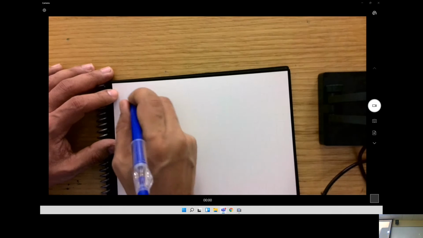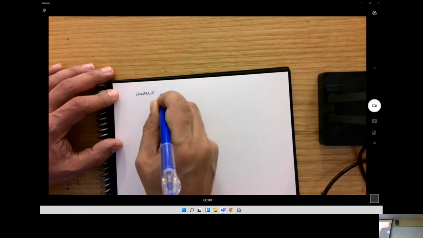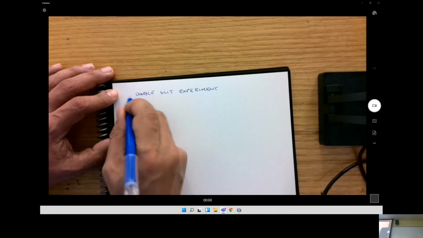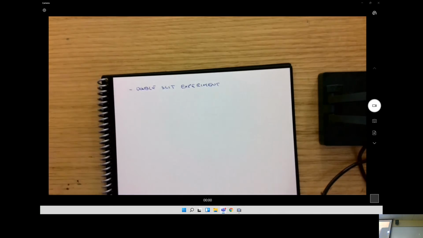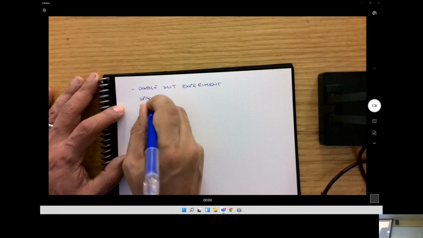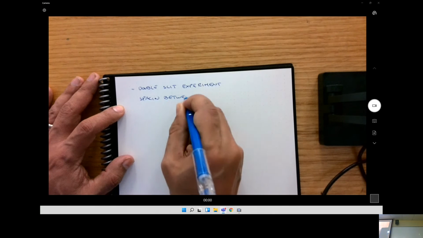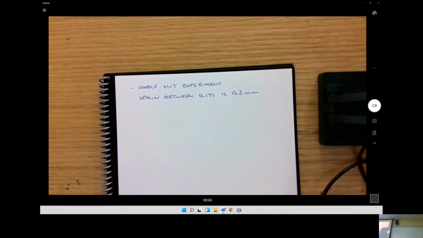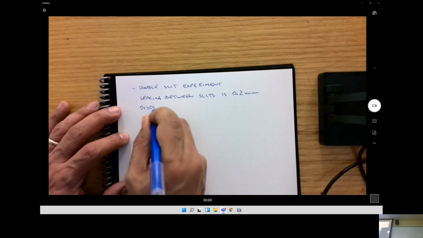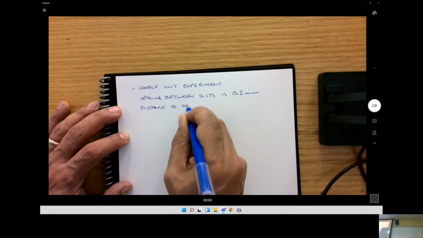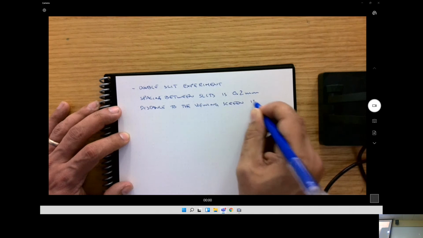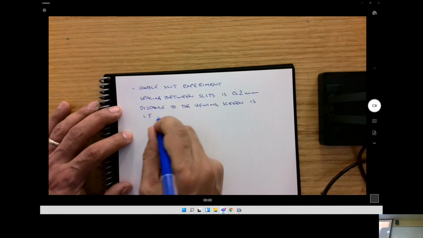Let's say that we have a double slit experiment. The spacing between the slits is 0.2 millimeters, and the distance to the viewing screen is 1.5 meters.